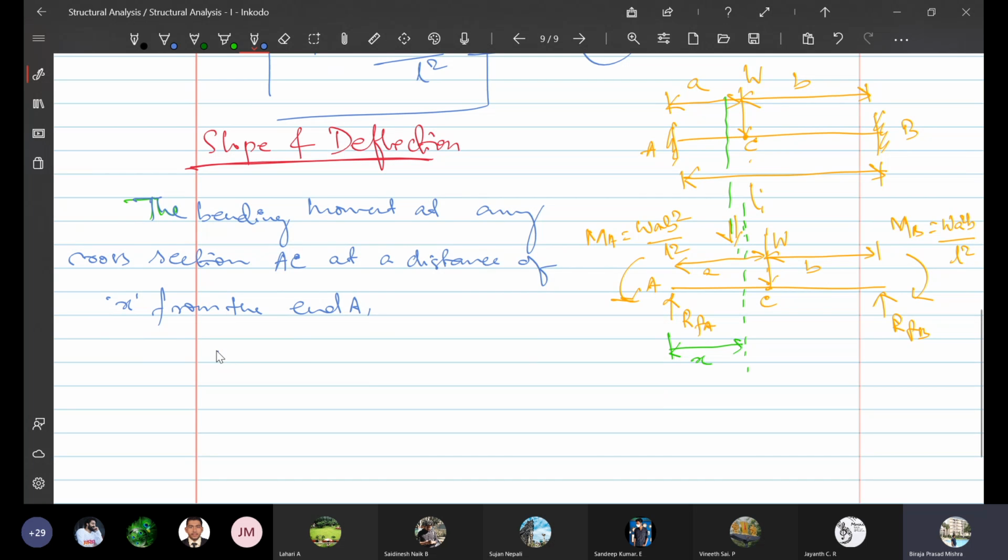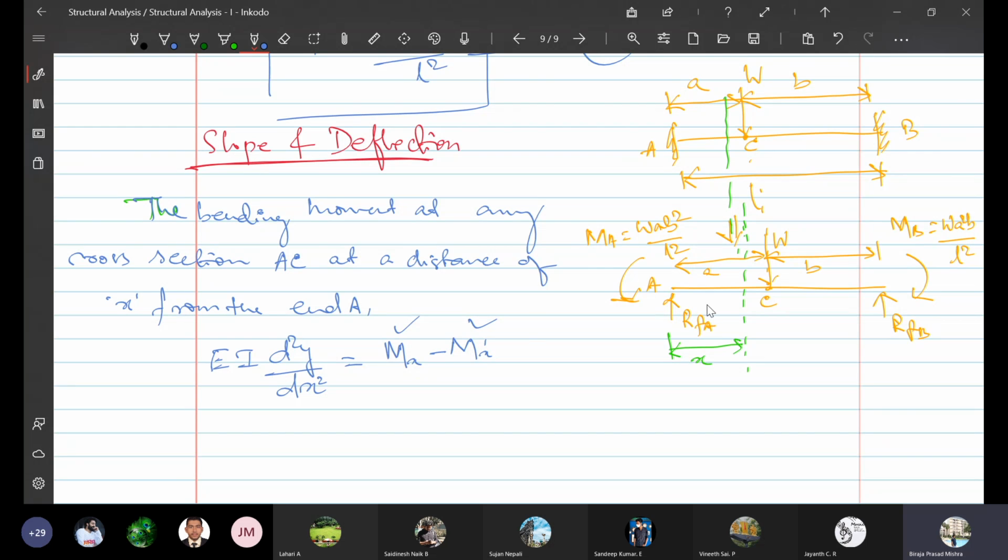I hope all of you remember this equation, EI into d square y by dx square equals Mx minus Mx bar, where Mx is the free bending moment and Mx bar is the fixed bending moment.